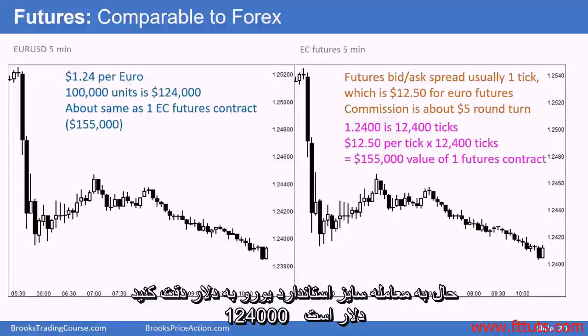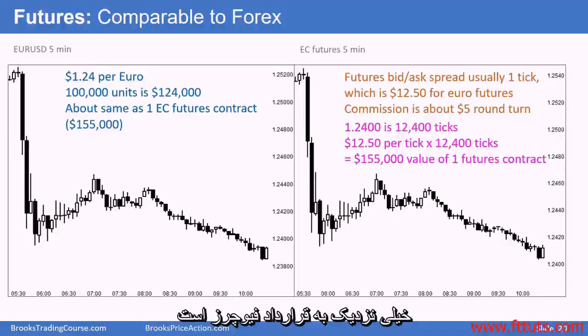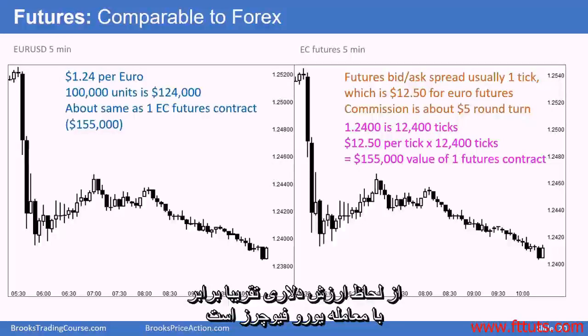Now instead, let's look at the euro versus the dollar. If you trade 100,000 units, it's $124,000, which is pretty close to the same as one futures contract. 100,000 units of the euro versus the dollar is about the same size in terms of dollars as a single euro futures contract.